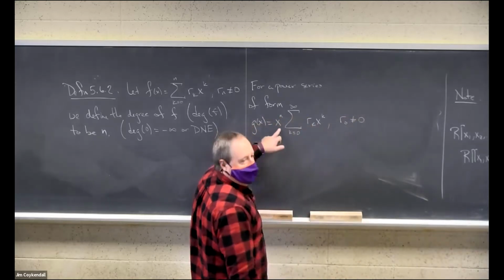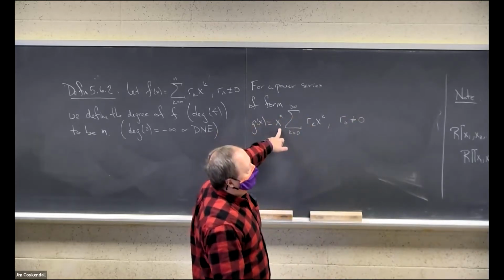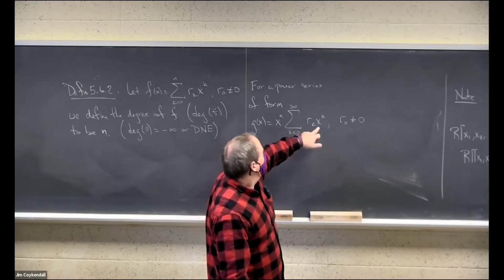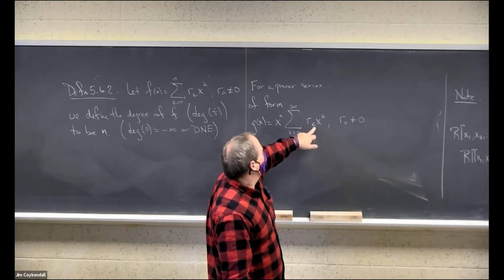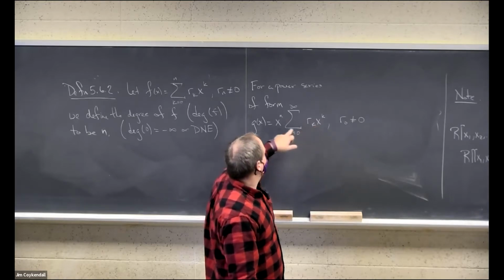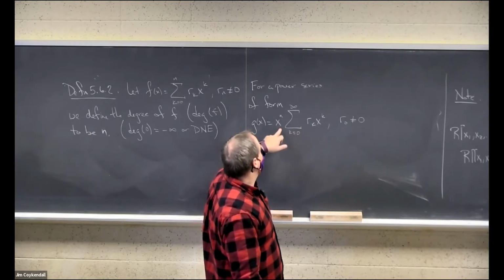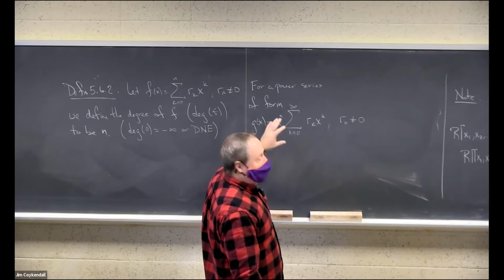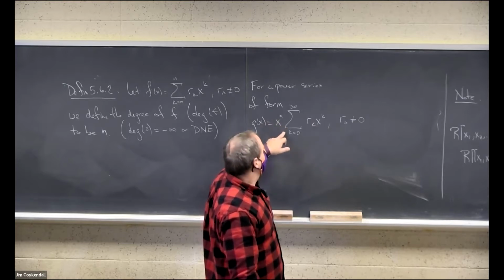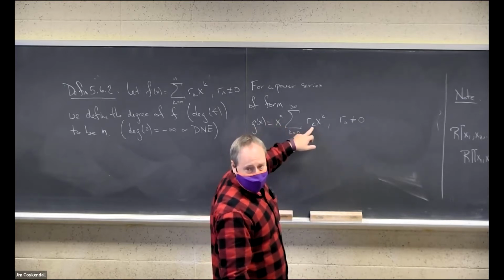So really R0 is the first non-zero coefficient of the polynomial, or the power series. Notice that the smallest degree term that you see here is x to the n times R0.